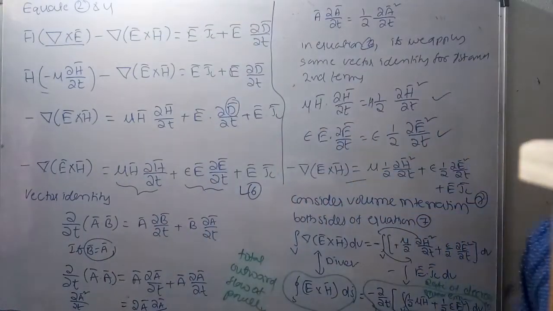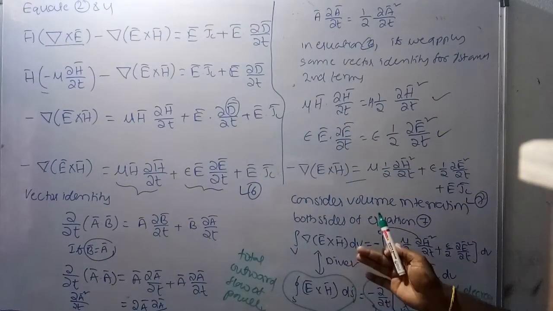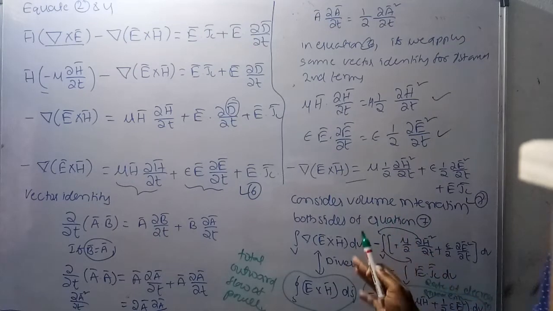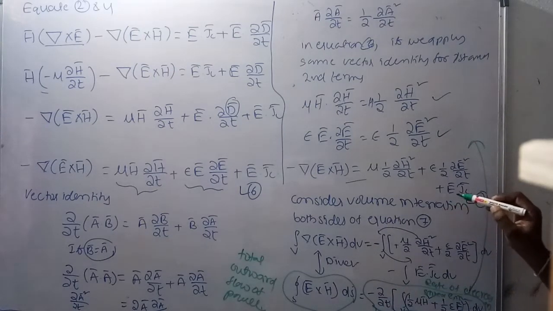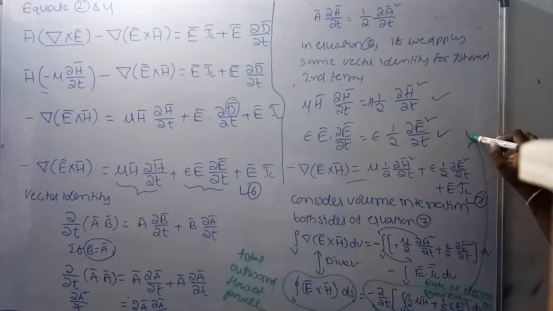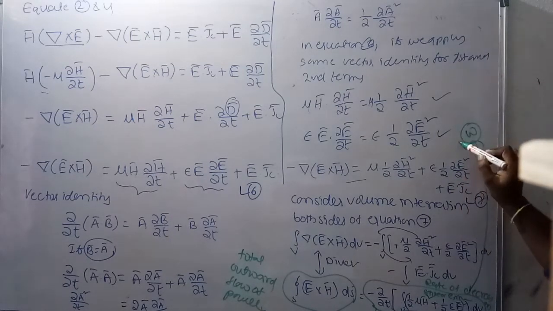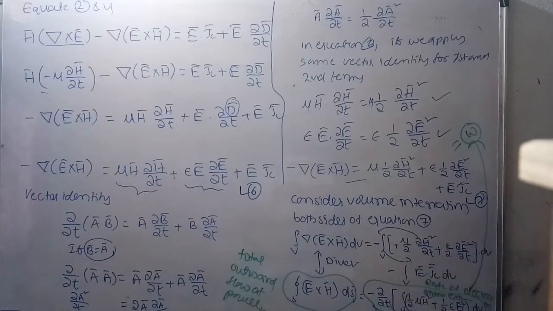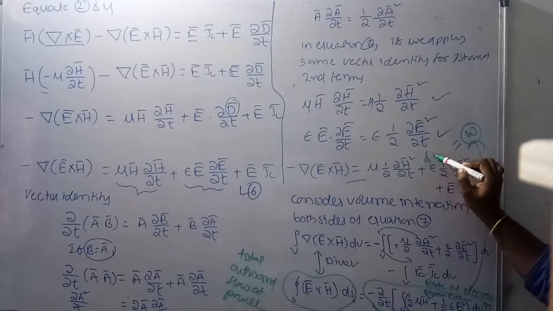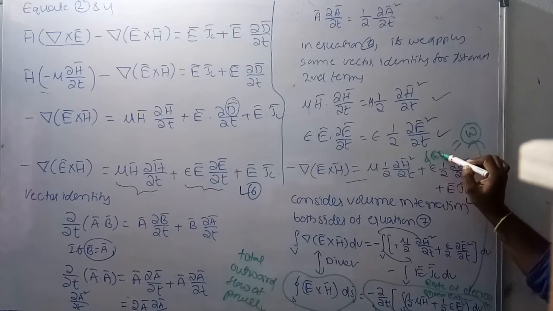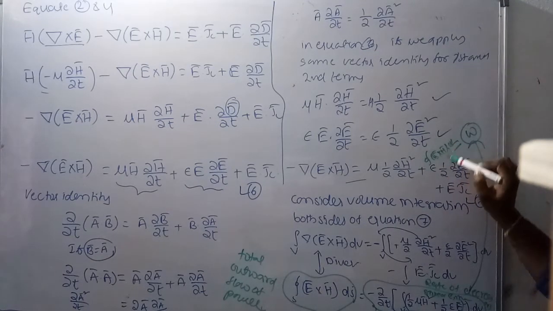So according to the law of conservation of energy, the rate of decrease in electromagnetic energy equals the outward flow of power. So that's why this entire term, the left-hand side term, represents the outward flow of power, that is W. So W equals the left-side term, Ē×H̄·dS̄.